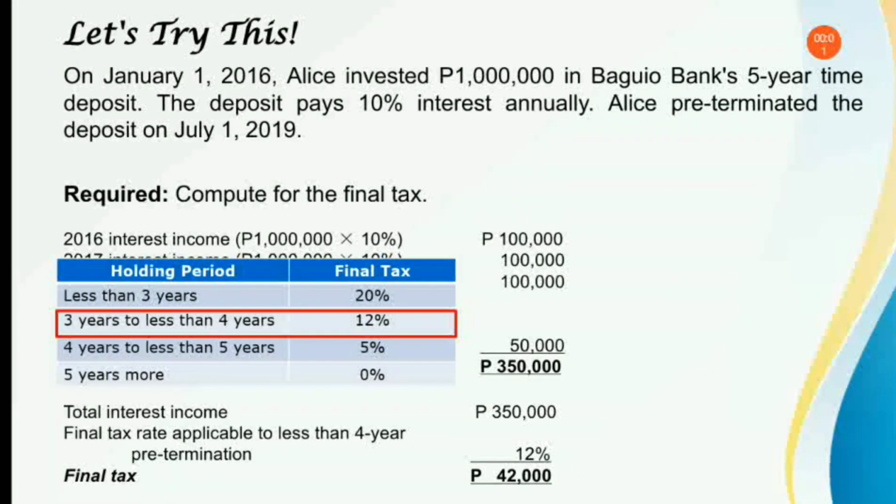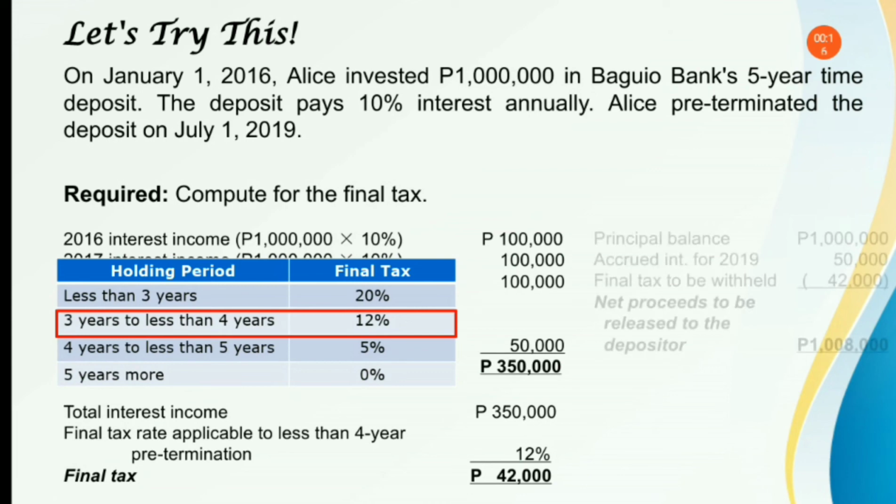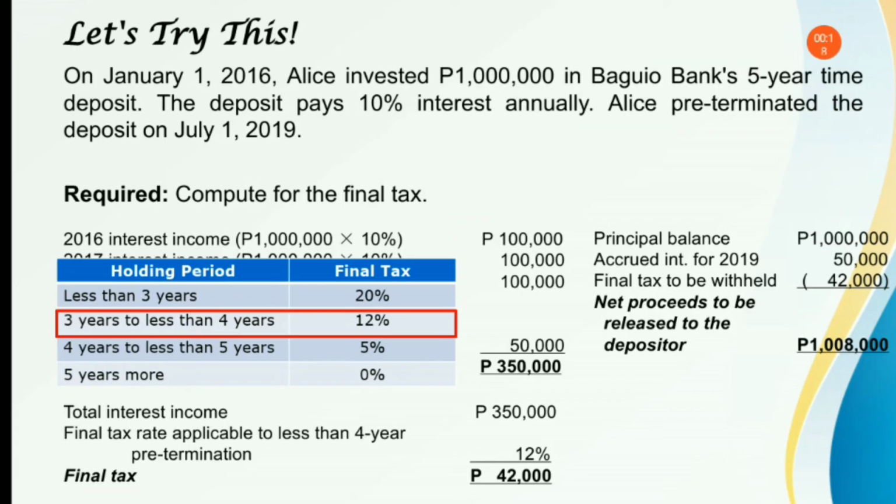Okay, so alamin naman natin kung magkano yung matatanggap ni Alice during the pre-termination date on July 1, 2019. So, to compute for that, we'll start with the amount of deposit of Alice, which is 1 million pesos. Tapos add natin yung na-compute nating interest from January 1, 2019 to June 30, 2019.